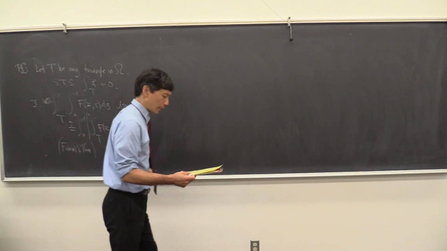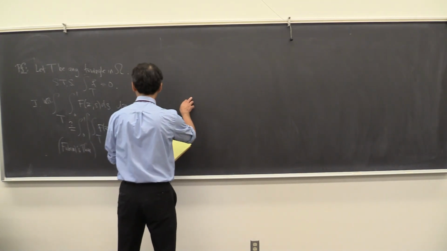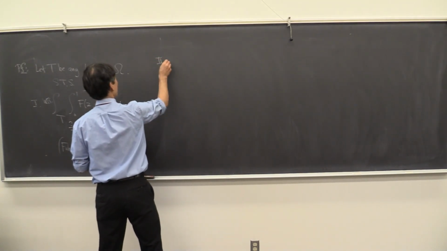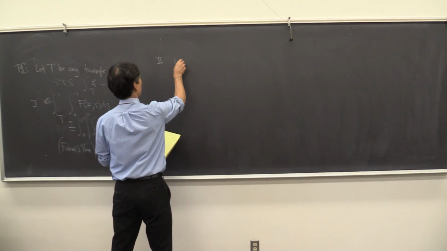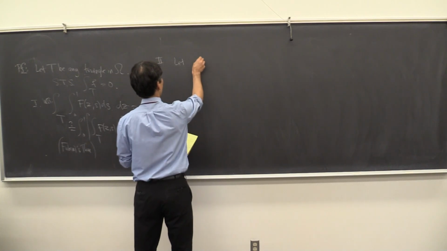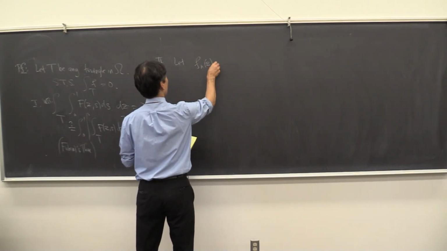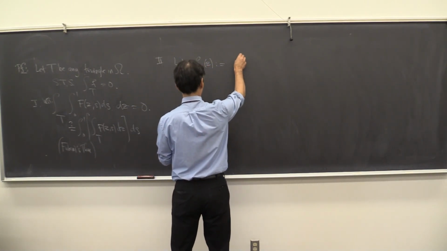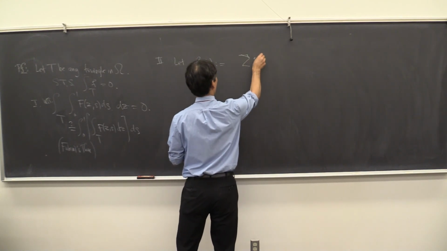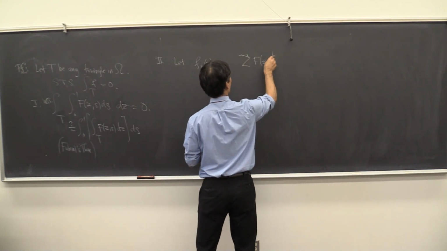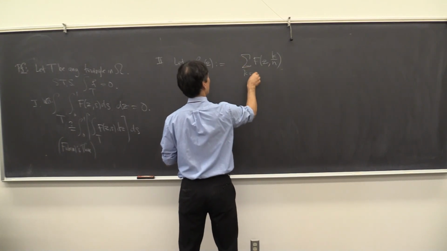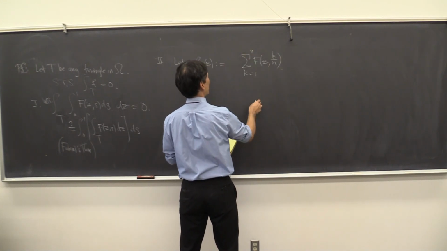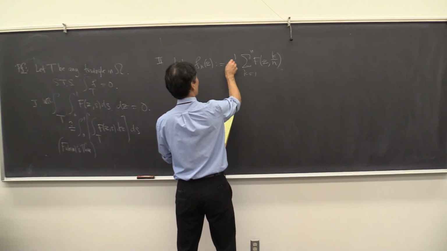So he says, well, instead of going that way, let's take a different route and say, let's take Riemann sums. So let F_n be the sum of the values F(z, k/n) as k ranges from 1 to n, and then divide by n.